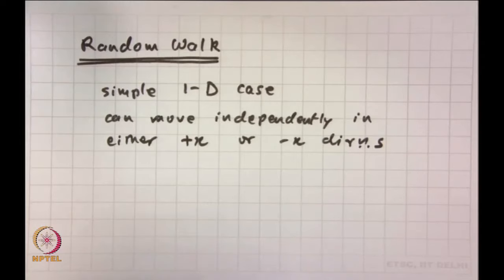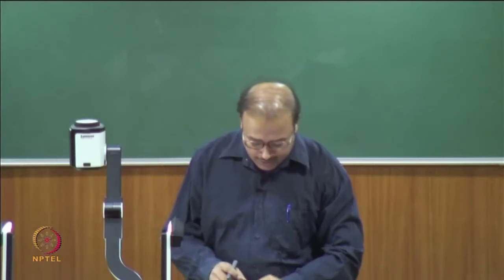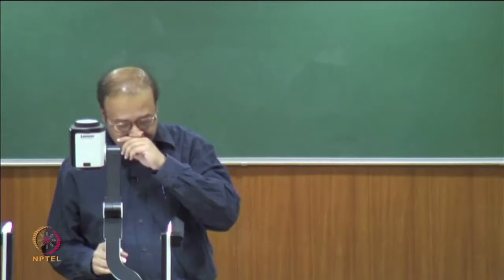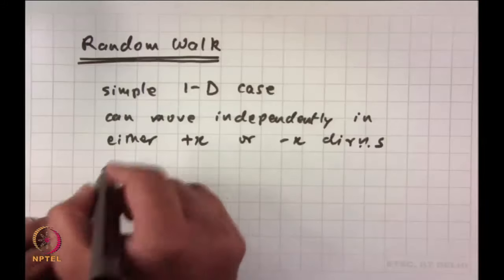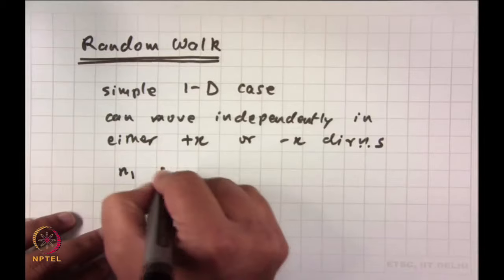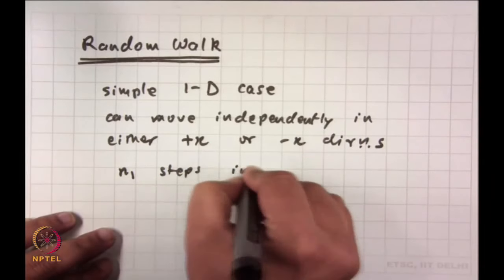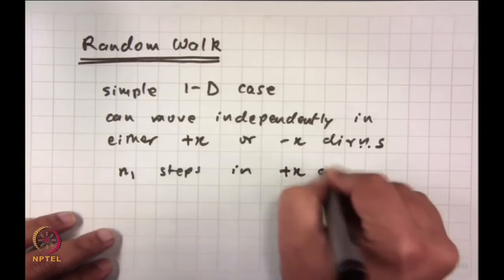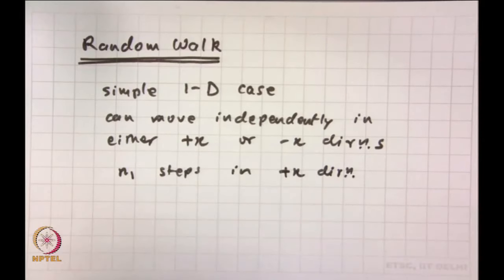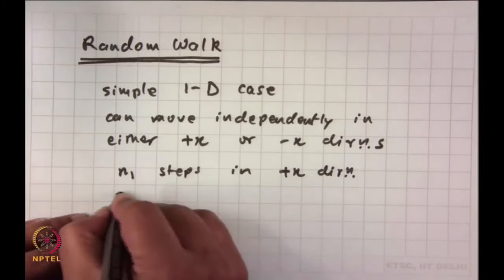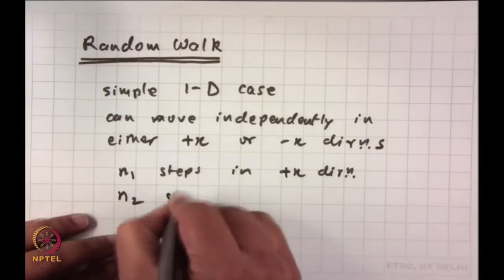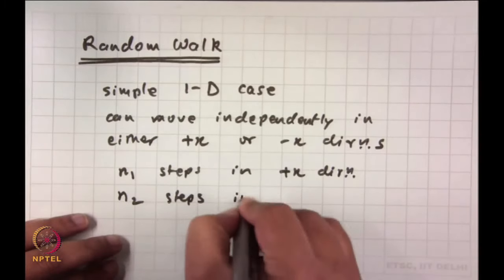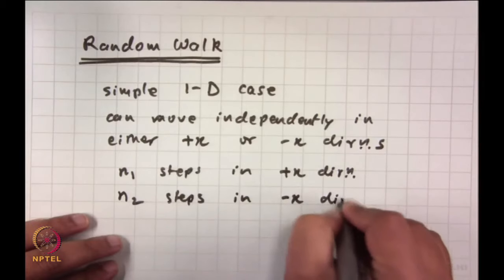Now, let me take n1 steps in the positive x direction. That means, if I start from a particular point, say A, I take n1 steps in the positive direction. Then obviously, I can also take say n2 steps in negative x direction.